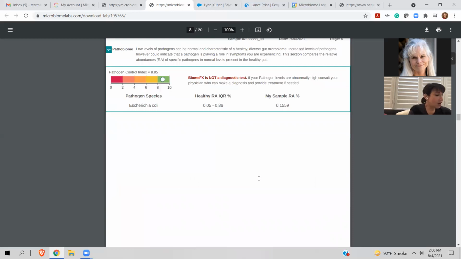Oh, it's page 6. Okay. So what it's showing is that it was detected, but it is in range. The range is 0.05 to 0.8, and his is only 0.15, almost 0.2.